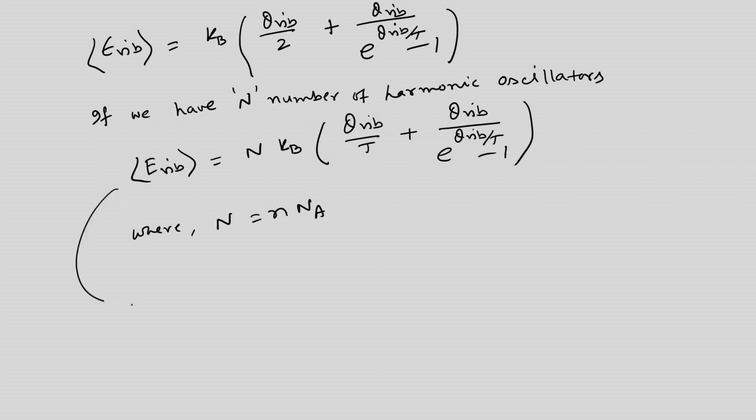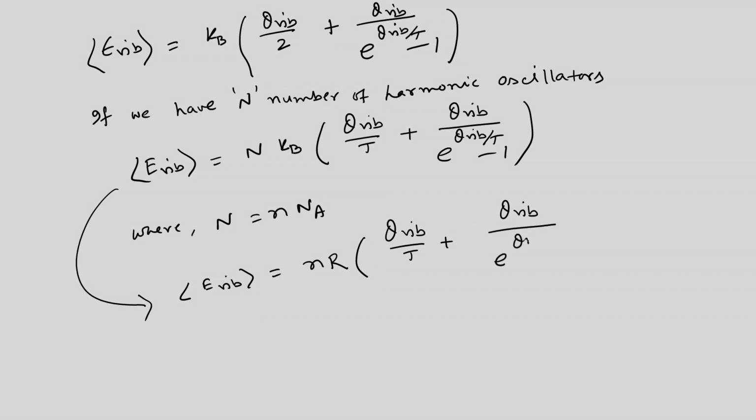So, if we substitute that here, we get the average vibrational energy of a system having N number of harmonic oscillators.